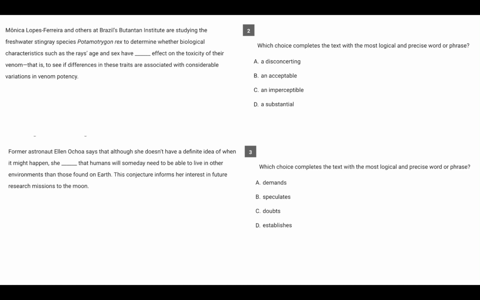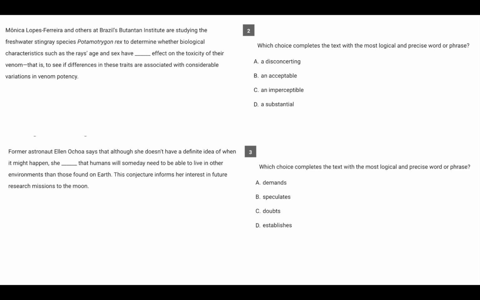Because if we wouldn't have that word considerable, we just couldn't be able to find what kind of effect it is. So it is logical to say that considerable, or a word which has a similar meaning to considerable, should be the correct answer. And if we look at the answer choices, the only choice which matches that is D, substantial.